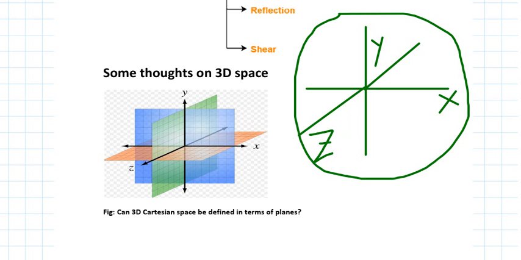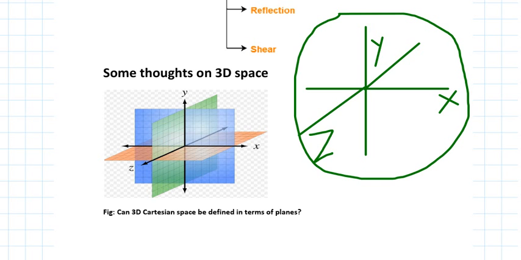Now you can visualize the three-dimensional coordinate system here. Although this is drawn on a two-dimensional page, it gives you a sense of three-dimensional space because of the orientation of the lines. Now, can you think of this three-dimensional space in terms of planes? Just give it some thought.